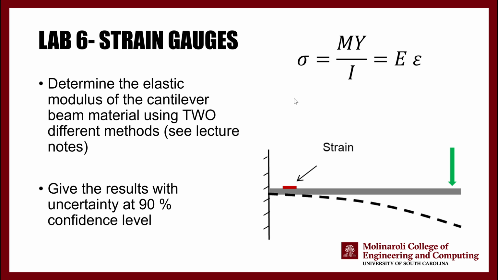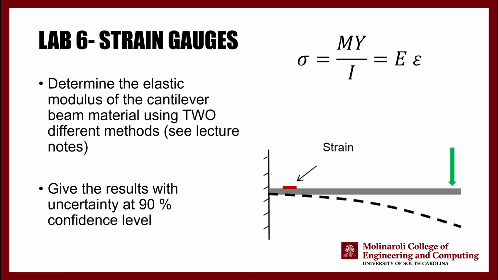So stress at this location is going to be equal to your moment, which is your load, multiplied by this length, multiplied by y, and y is the distance between the location you are measuring the strain and the neutral axis. Neutral axis for our beam is going to be the middle of the thickness of the beam. So this y for us is going to be the thickness of the beam divided by 2.